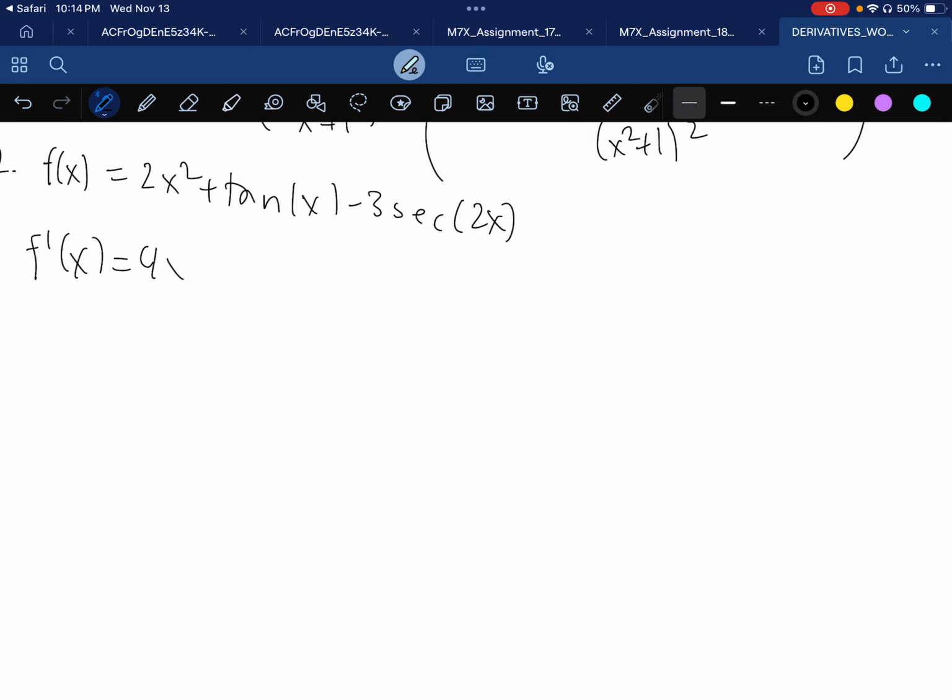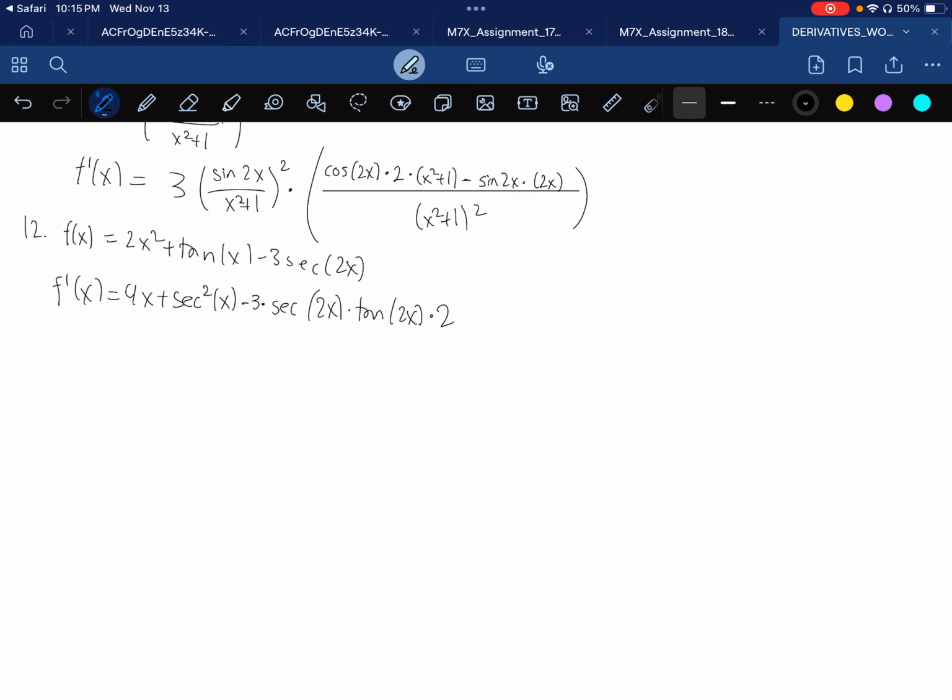We just use power rule, direct application, just memorize this rule, and minus 3 times. Okay, now secant, the derivative of secant is secant, and we'll write the inside, times tangent, the inside, times the derivative of the inside too. That's the only part where we kind of have to think for a second, but besides that, everything's smooth sailing.